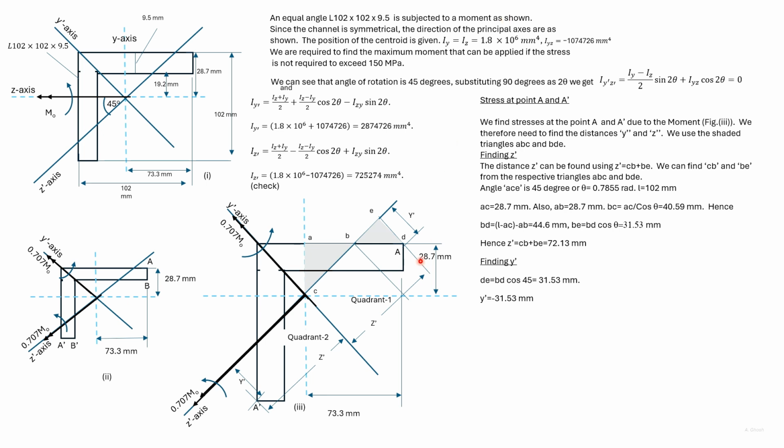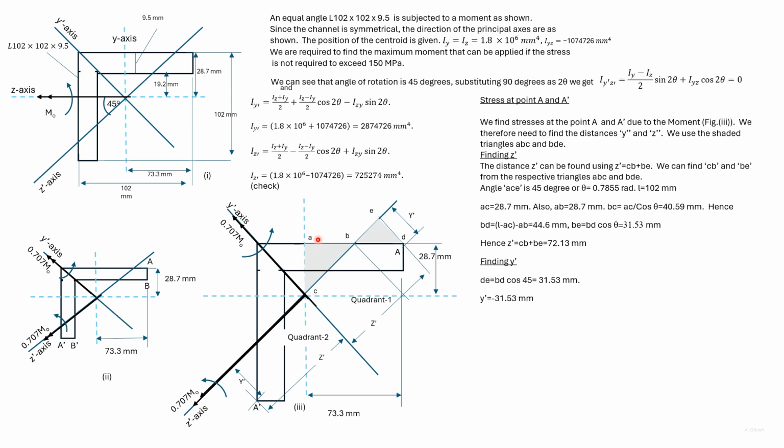For A, we are required to find these two dimensions, y dash and z dash. We know AC, and since this is a triangle with 45-degree angles, AB is equal to AC. Also, knowing AC, we can find BC. They are given here.